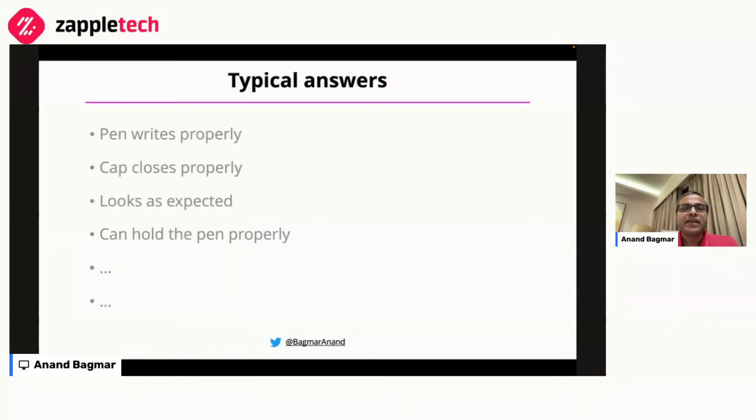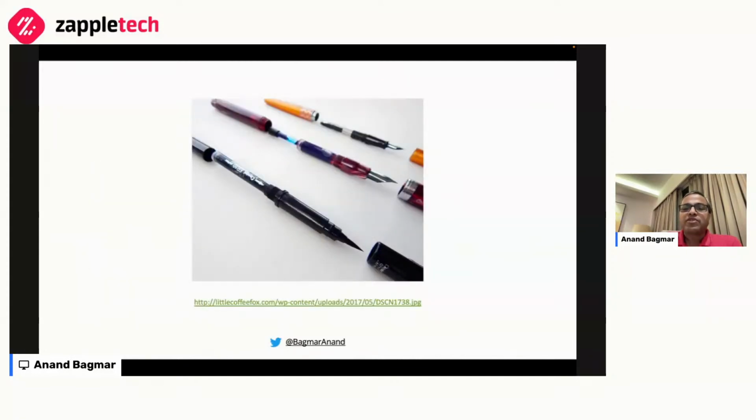When in reality, the pen is made of many different components. Now, if you had an idea about these components, you would think about, does the cartridge fit the body of the pen correctly? Because if that itself is loose, then there is going to be ink leakage. Or is the cartridge of the right size?